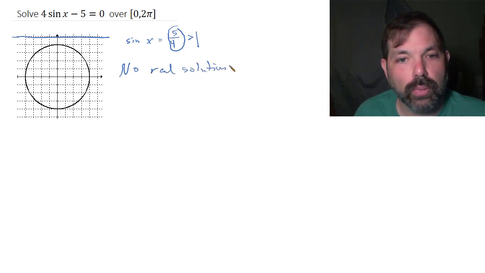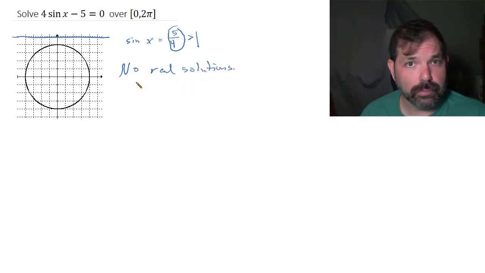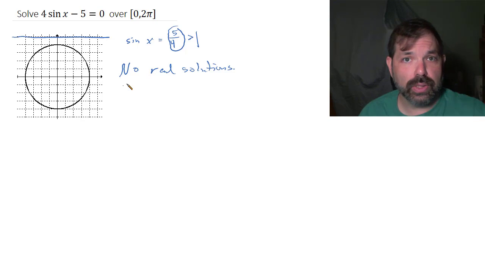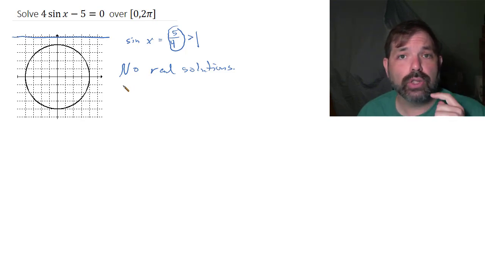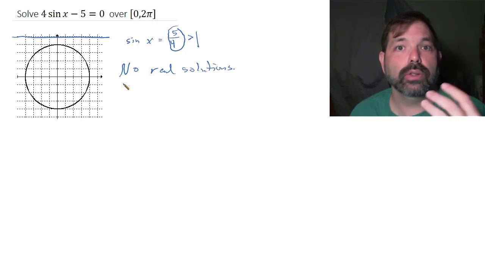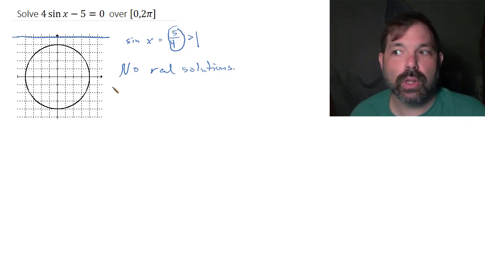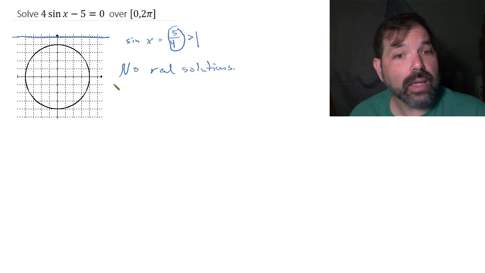So you have to remember that for the sine and the cosine function, the range is -1 to 1. And so if we're trying to solve where the sine or the cosine is greater than 1 or less than -1, we can't solve those. There's no restriction like that on the tangent function. All right, so that completes the first part of this lecture.